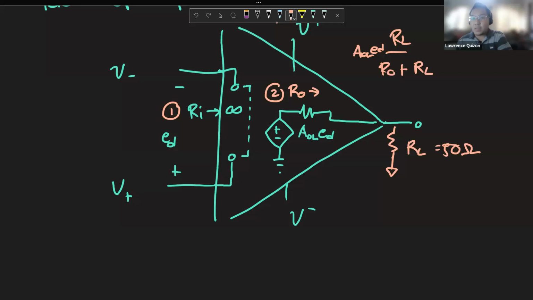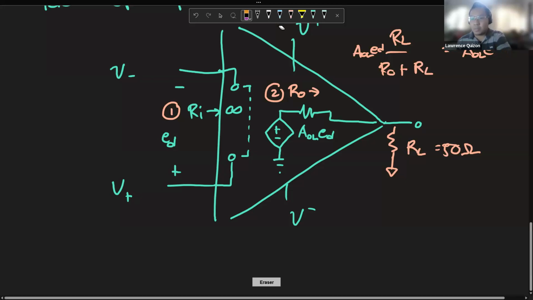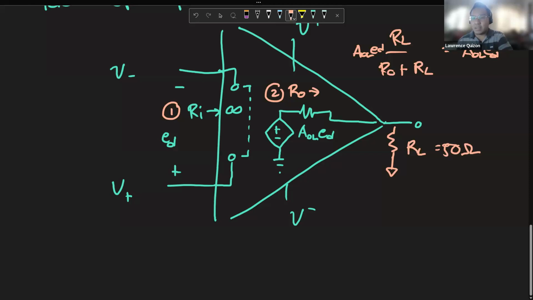So, ano mangyayari dito para maging ganito na lang din siya? Para magiging ganito na lang, para maging ganito na lang din siya, AOLED, no? So, tama na yung voltage na lumalabas. You want R out to be very small. That's correct, no? So, in an ideal op-amp, R out approaches 0, no?